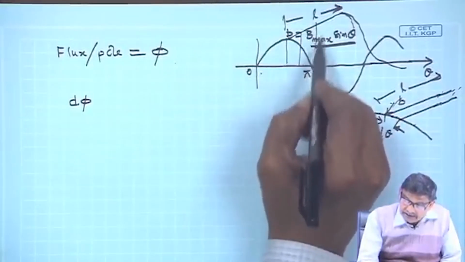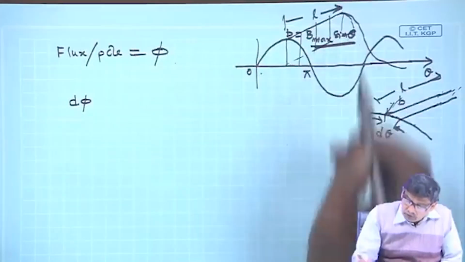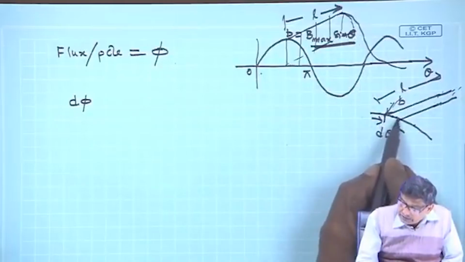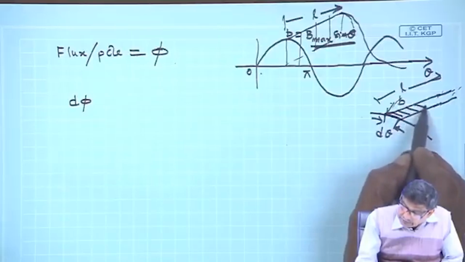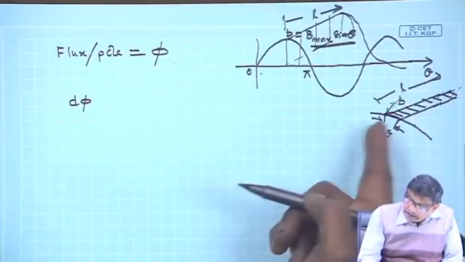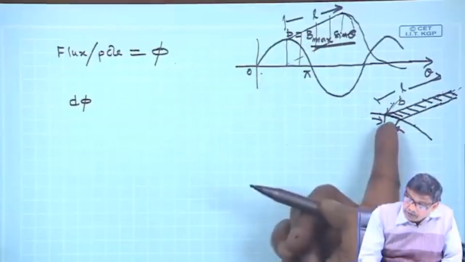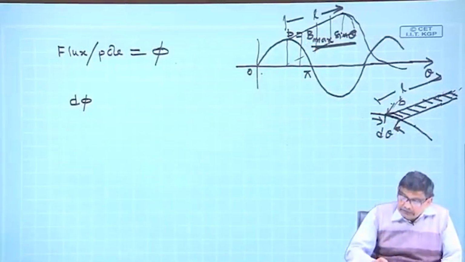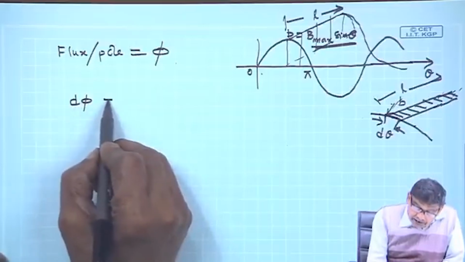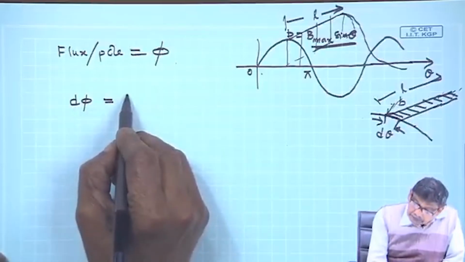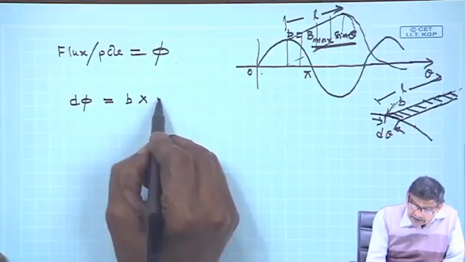So, you have to take a small strip here, calculate this area and multiply it with the instantaneous value of B at that position to get d phi. So, d phi will be small b into the elemental area.